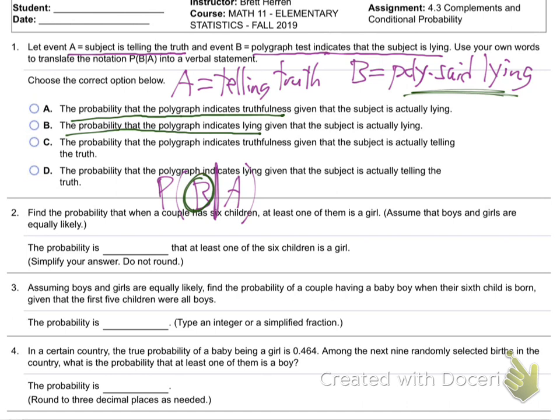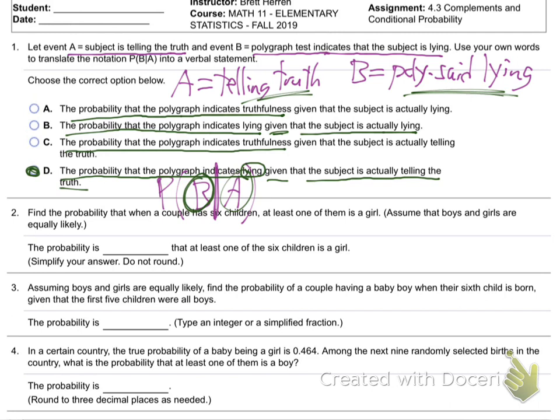Yeah, so far so good. Given what? A, given they're really telling the truth. That the subject is actually lying? No. Probability that the polygraph indicates truthfulness? No. The probability that the polygraph indicates lying? Yeah. Given that they were actually telling the truth? Yes. There it is. So I just want you to first off know what the symbolism even means.